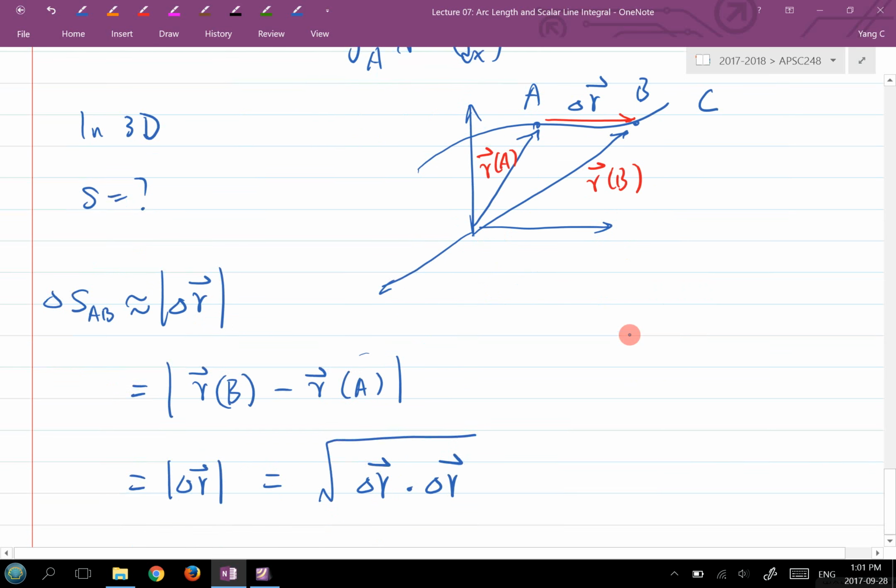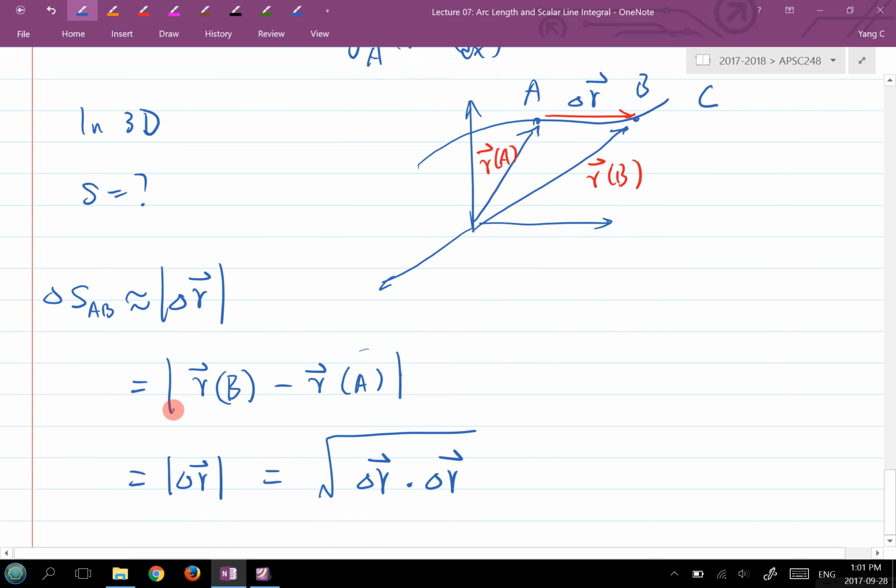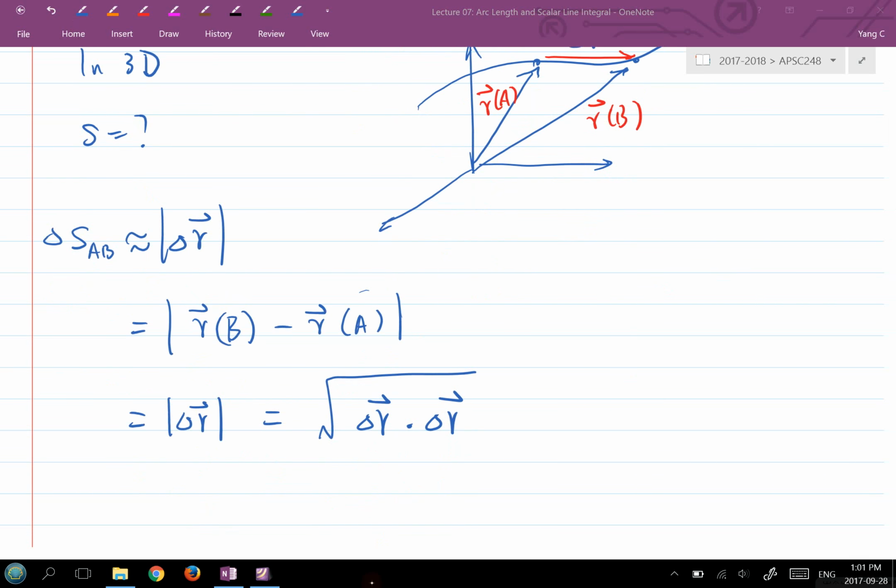If I put an absolute sign here, it doesn't matter. So the length of a vector can be represented as the square root of its dot product with itself. So the arc length can be approximated using this formula here.